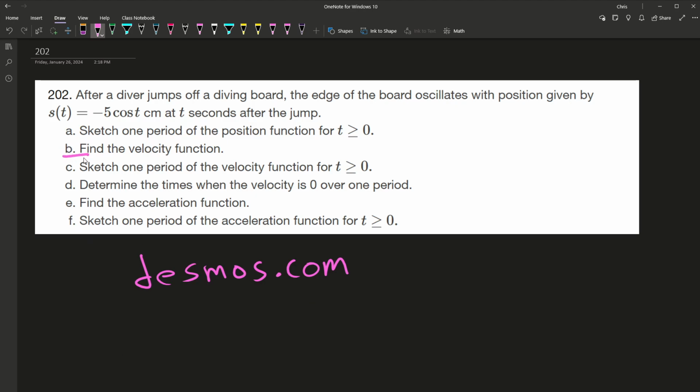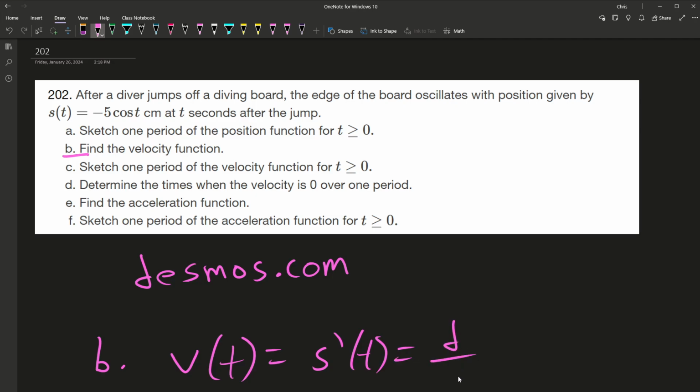So we're going to first look at finding the velocity function. I'm given that the position function here, s of t, is -5 times cosine of t. I know that the derivative of the cosine function is negative sine. So I know that the velocity function here is going to be s prime of t.